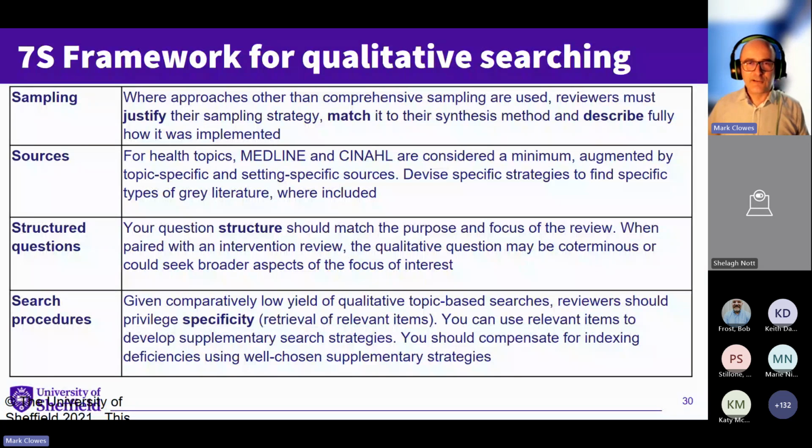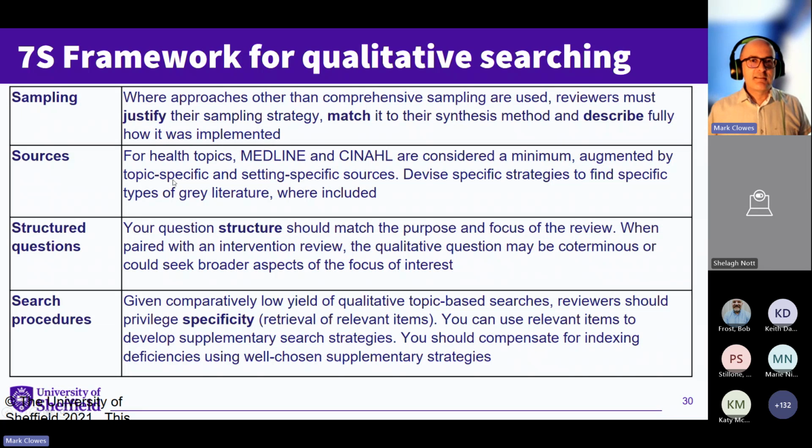If you're not sampling comprehensively, as in if you're not expected to retrieve every study, and you're being purposive or deliberate about which places you're going to search and which types of evidence you're going to include, you've got to justify that. You've got to match it to your synthesis method and describe it fully. So explanation will be required.